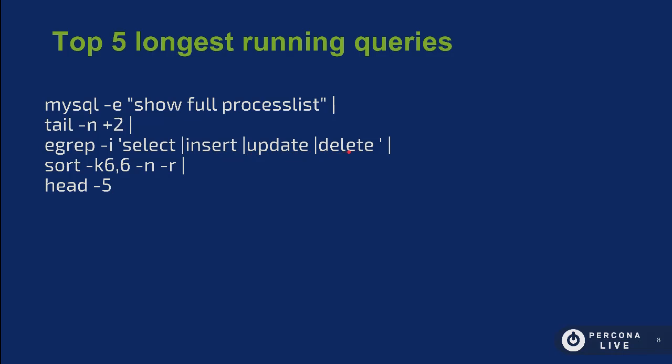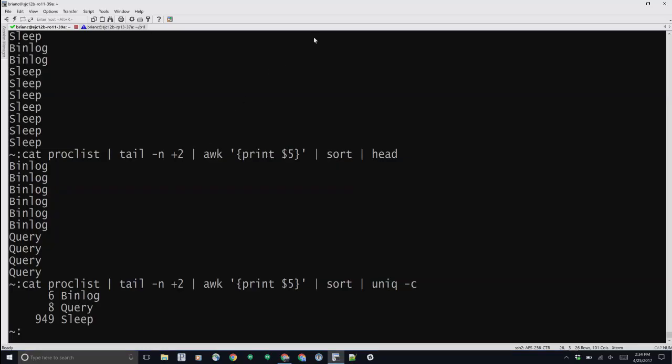So it'd be one of your DML actions, and then we'll sort those by the 6th field being time, and we'll sort it as a number in reverse order, and we'll only take the first 5. So we'll kind of run through that.